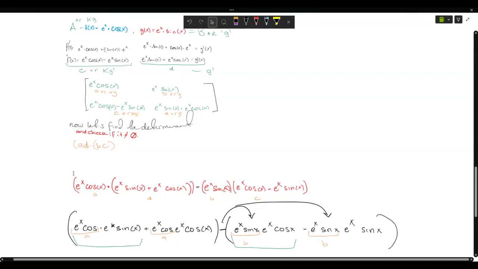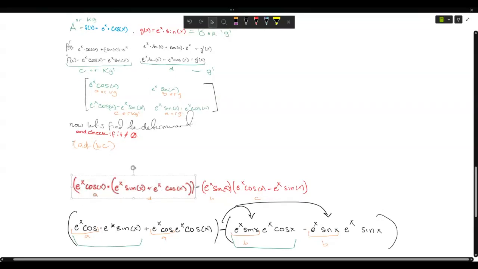Anyways, if we do the multiplication of this term times this term, we're going to get this great mess: e to the power of x times cosine x, which is this first term A, and then times D would be e to the x sine x plus e to the x cosine x.